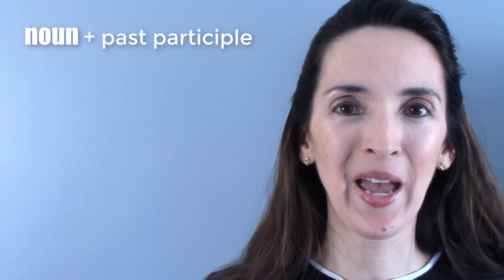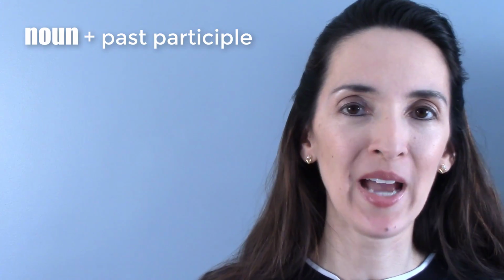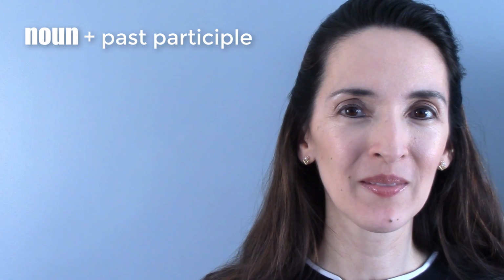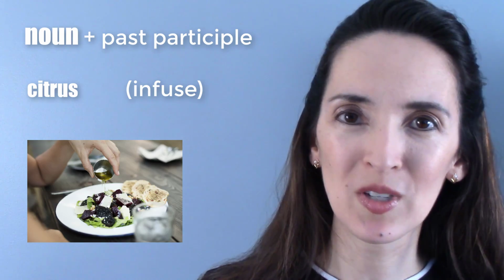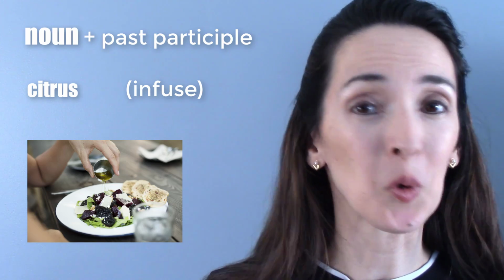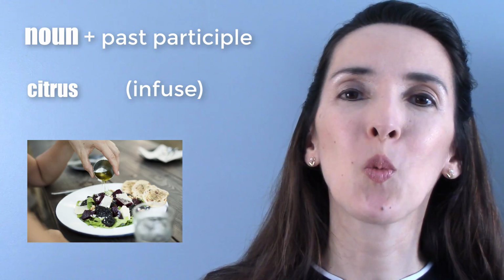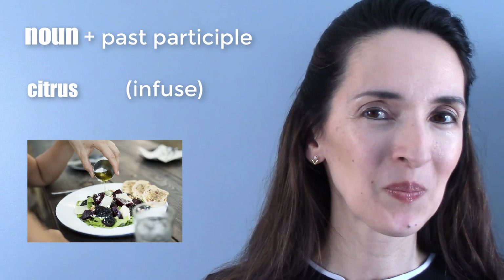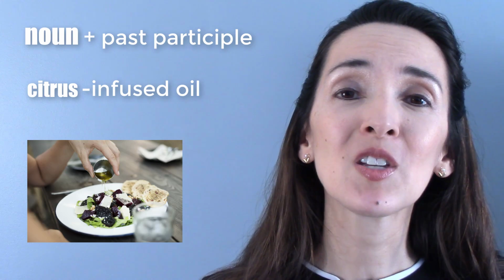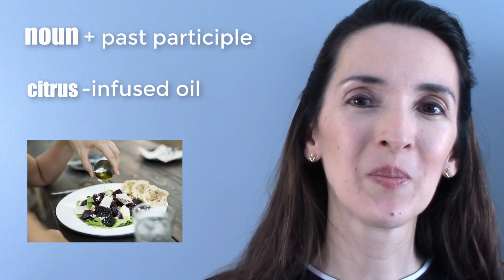Help me form compound modifiers following this pattern. Noun plus past participle. Cooks can infuse oil with citrus flavors like lemon or orange. So what kind of oil do they make? Citrus-infused oil.